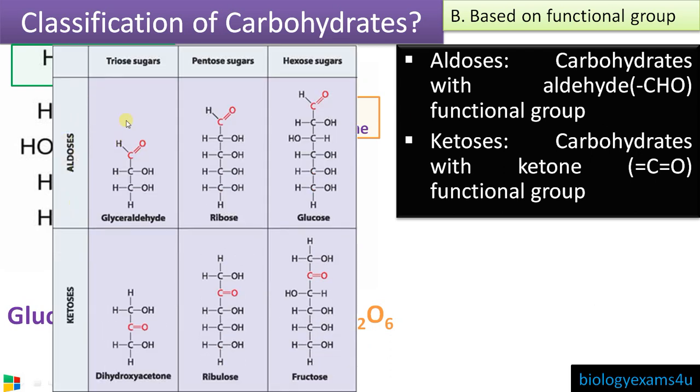Examples of aldoses include glyceraldehyde, which is the simplest aldose, a 3-carbon compound. Then there is ribose. Then there is glucose. Then ketoses: the simplest one is dihydroxyacetone. Then 5-carbon ribulose and 6-carbon fructose. These are some examples of aldoses and ketoses.